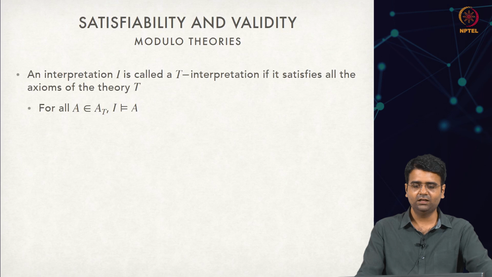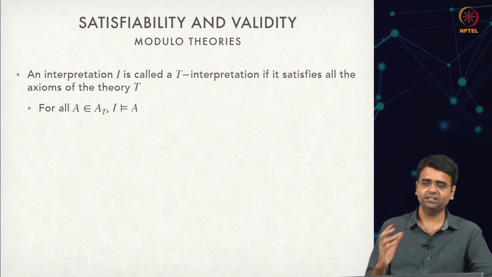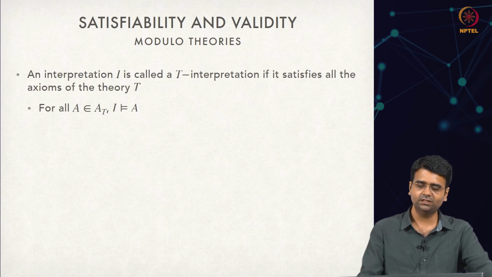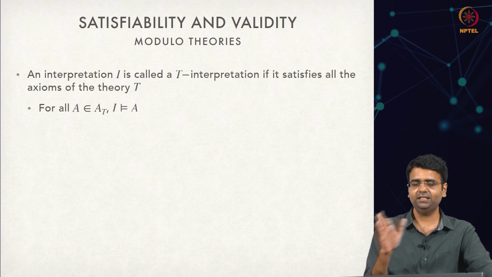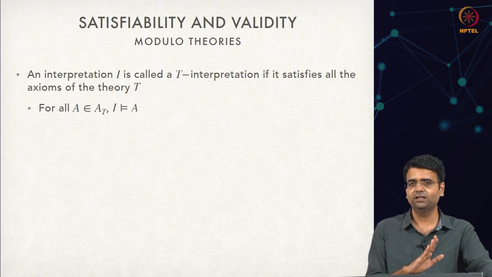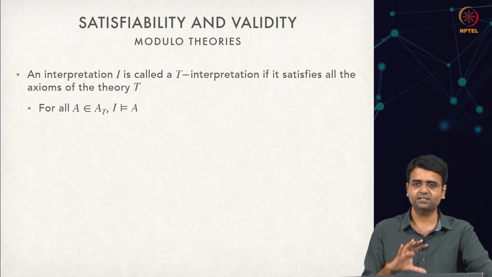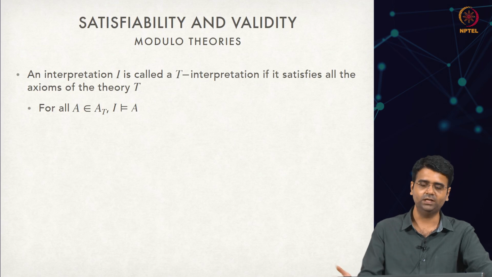Now given an interpretation I, so you take any interpretation I, we say that such an interpretation I is a T interpretation if it satisfies all the axioms of the theory T. Okay. So the theory T has defined some symbols, and it has also defined some axioms, which are some FOL formulas.